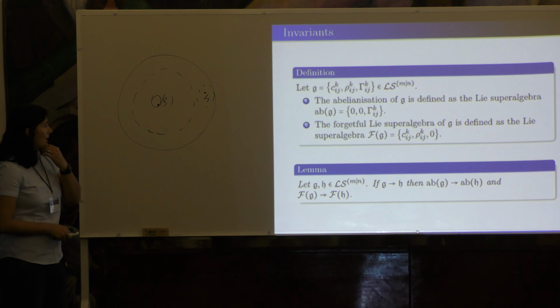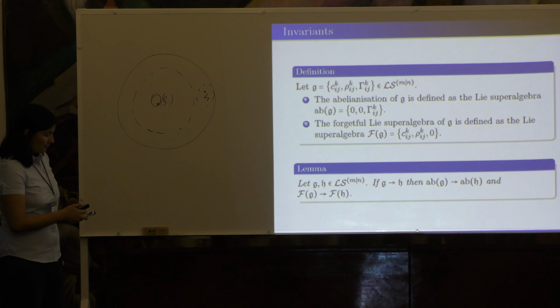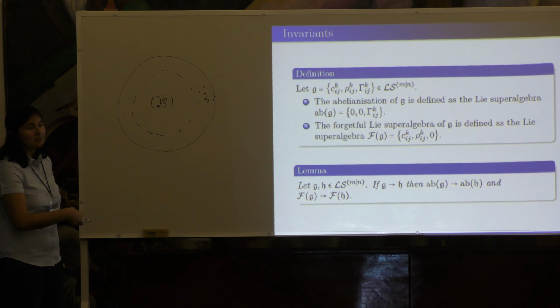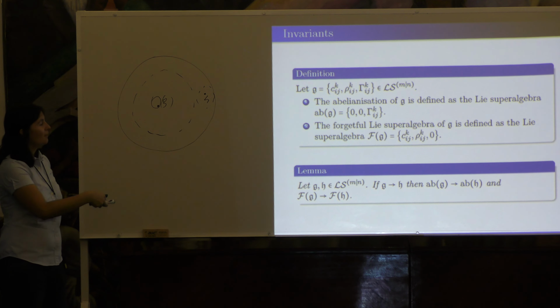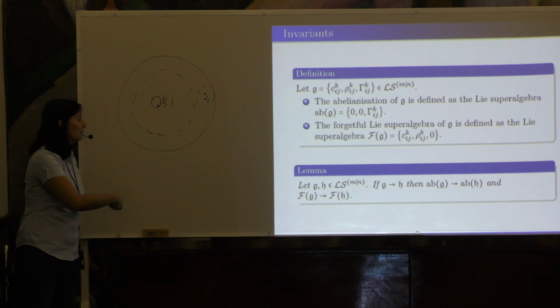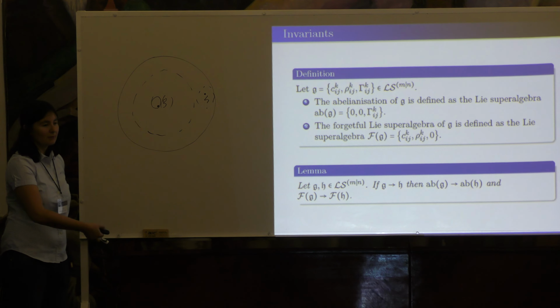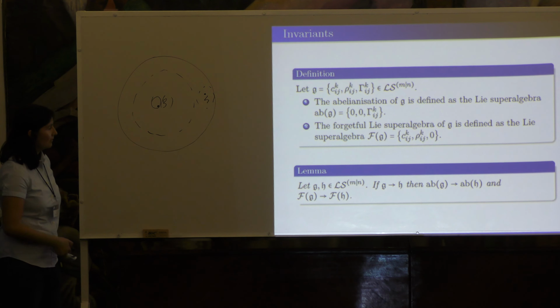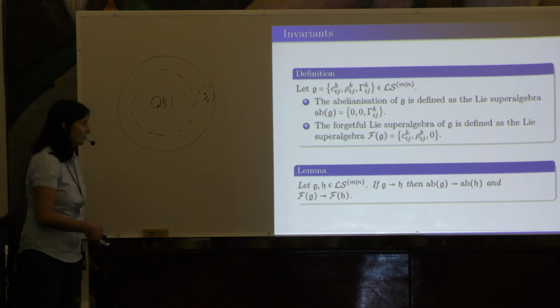And it turns out that if G degenerates to H, the abelianization of G degenerates to the abelianization of H, and the forgetful of G degenerates to the forgetful of H. So this was helpful.